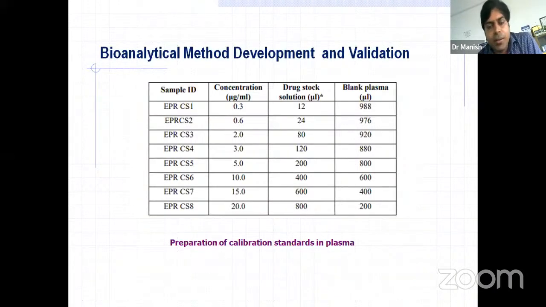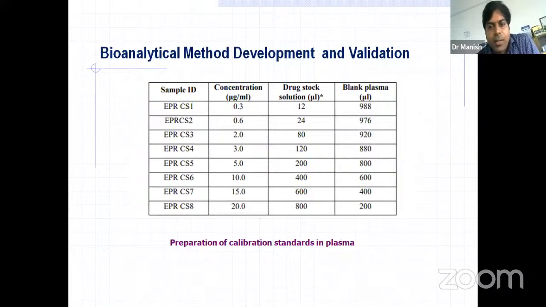So this is the method of how we are going to prepare concentrations starting from calibration standard 1 to calibration standard 8. So we have prepared 0.3, 0.6, 2, 3, 5, 10, 15, 20 microgram per ml of the eprosartan drug, and we are going to add drug stock solution to the sample, and together we finally make up to 1000.